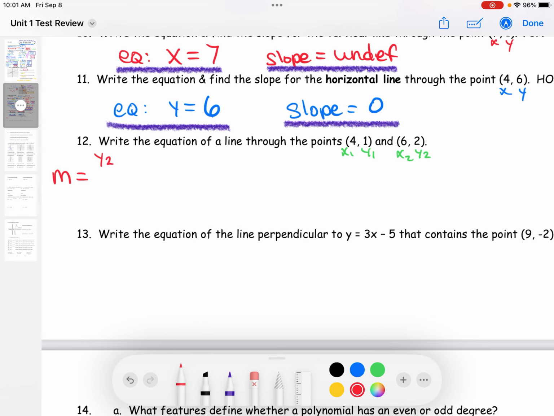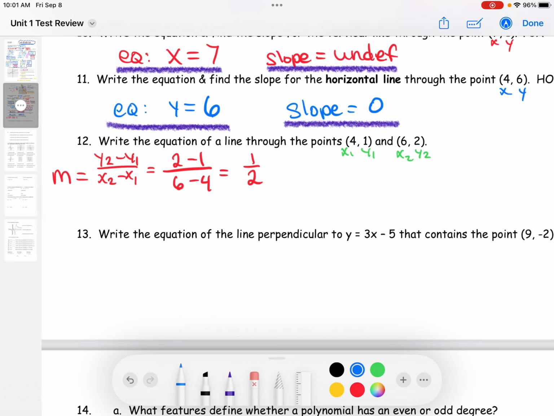Slope of the line is y2 minus y1 over x2 minus x1. So that is 2 minus 1 over 6 minus 4, which is 1 over 2. So our slope is 1/2.